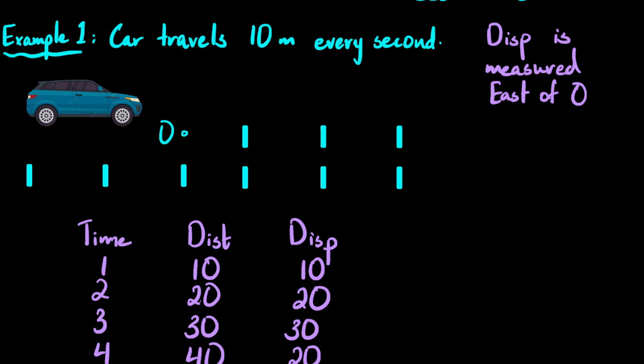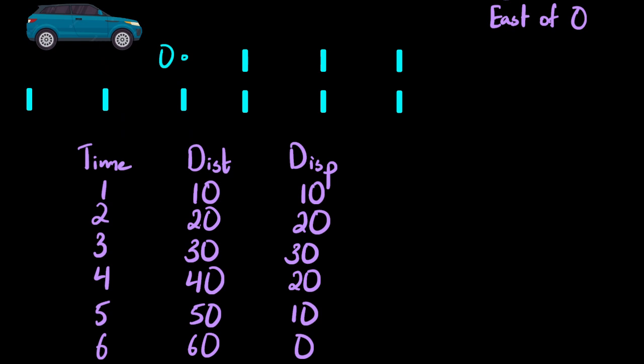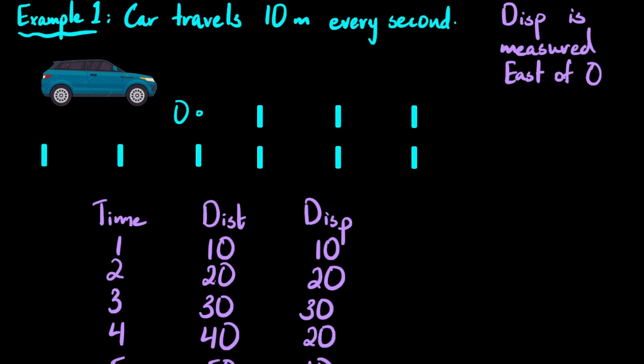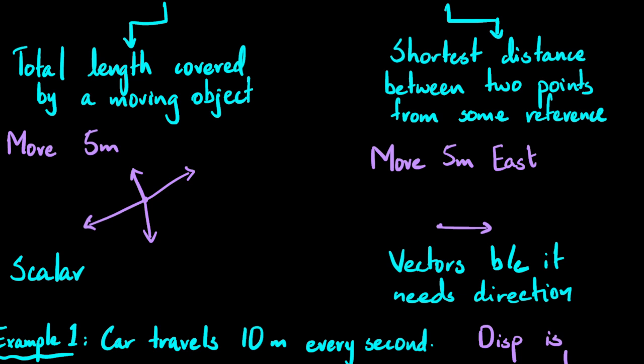So one thing that you learned from here, if you look at the table again, is that the displacement was 0 when it was back at its starting position, right? And it fits in perfectly well with the definition for displacement, because we said that displacement is the shortest distance between 2 points from some reference. So for now, let's ignore the reference part, but it's between 2 points, right?